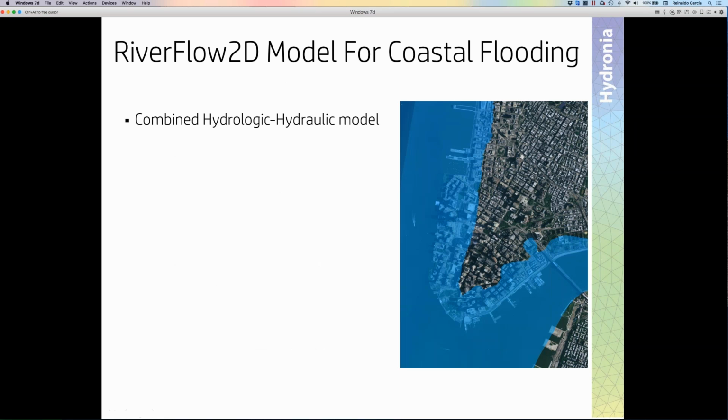Now, the River Flow 2D model, regardless of the name, again, that is a river, is not only applicable to rivers, it's also applicable to coastal areas and urban coastal areas as well.